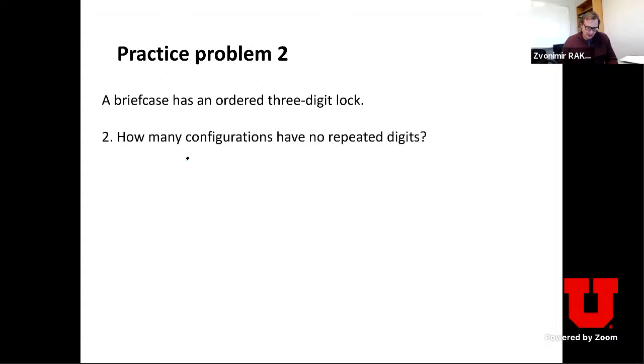Okay. How many configurations have no repeated digits? So these are our permutations. So it's P(10,3), and that is equal to, actually, in the interest of time, let me just leave it like this.